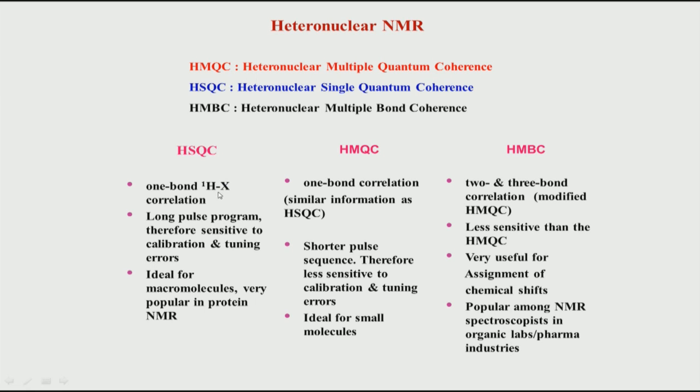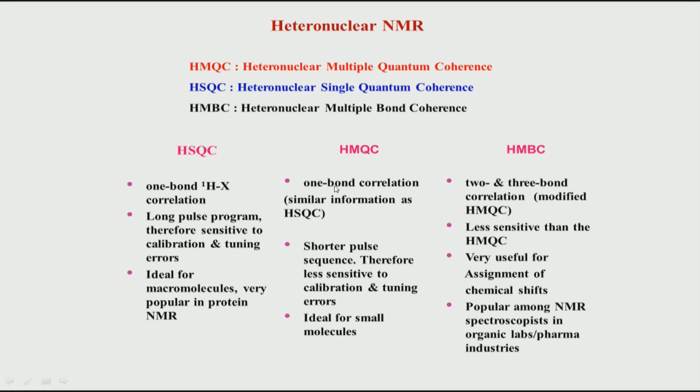Only those carbons which are directly attached to a hydrogen will show a cross peak in this spectrum. HMQC and HSQC are very similar to each other in terms of the information. In fact, they give the same information. We will see that in an experimental spectrum down the line.